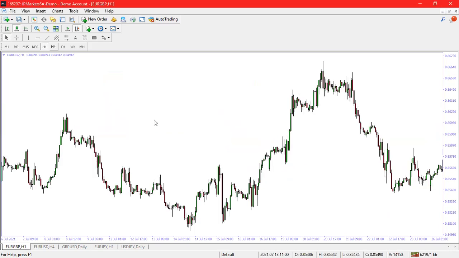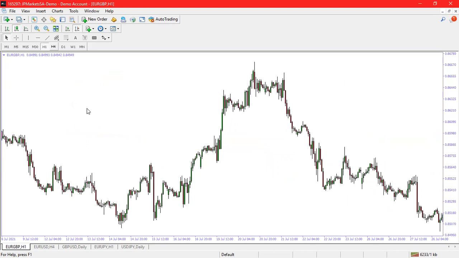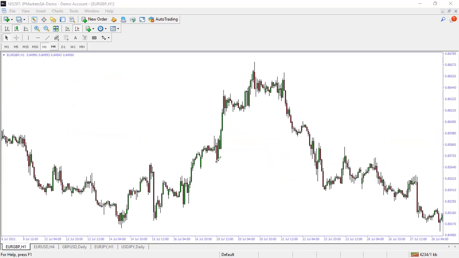So another one here it is. The start, it went up and then created a high there. And then we had a BMS here, break of market structure.